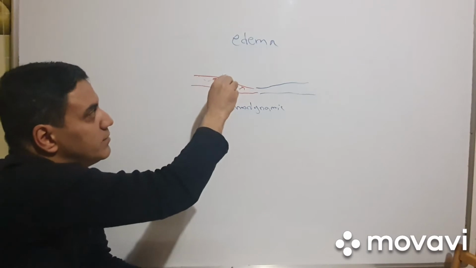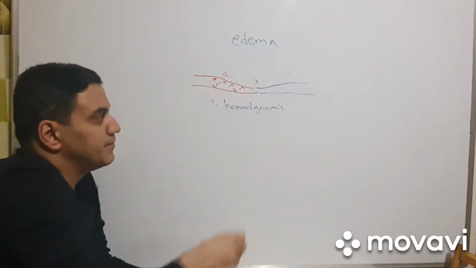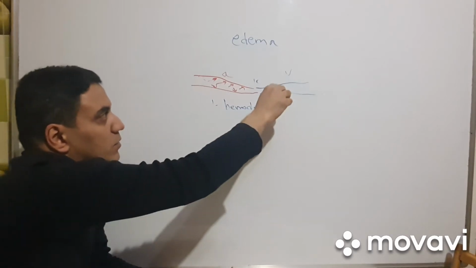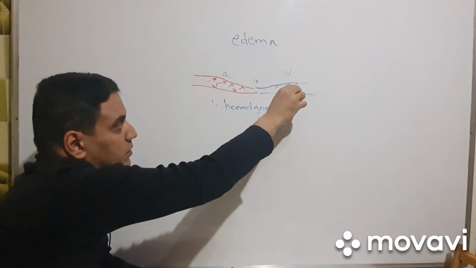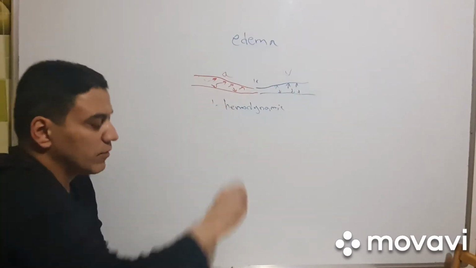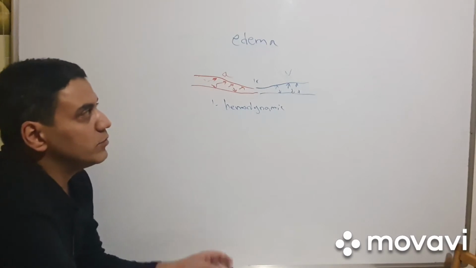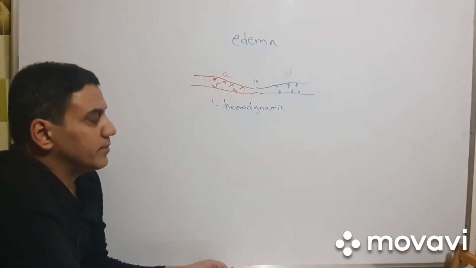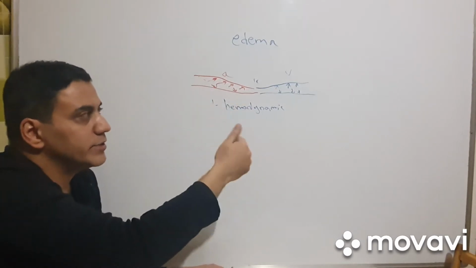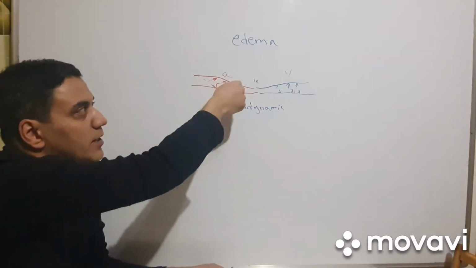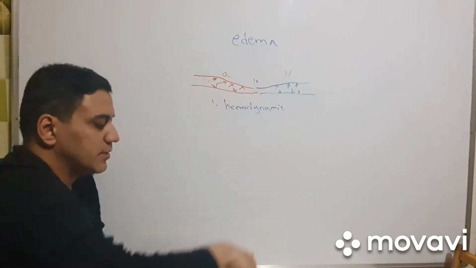This is the artery part, this is the vein part, this is the capillary. Here also we have hydrostatic pressure, which presses on the wall of the vessel from inside. Due to this pressure, we can push substances, oxygen, water from the arterial side into cells.